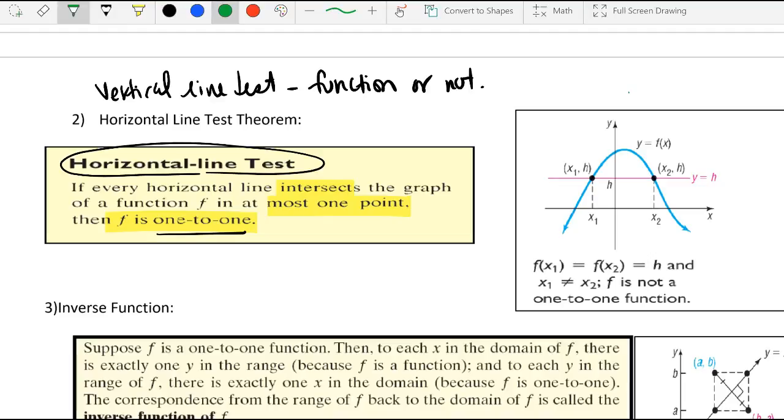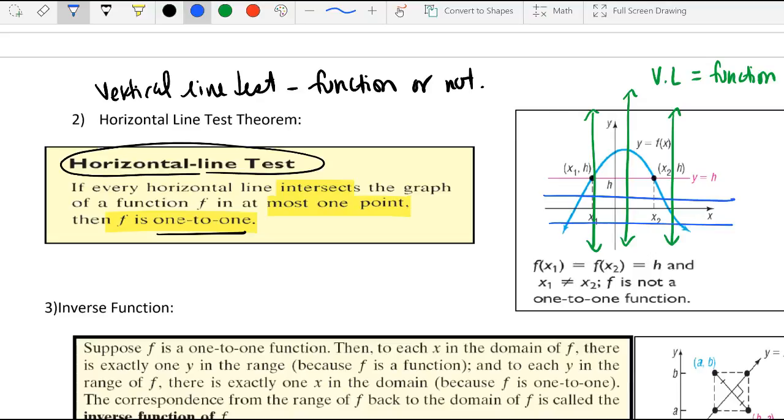Here is a vertical line test. Ooh, okay, anywhere. I can put this line anywhere. Would you agree that it doesn't matter where I draw this vertical line, VL, this is going to be a function, because it intersects only one time, okay? Now, when I draw a horizontal line test, look, this line intersected twice.